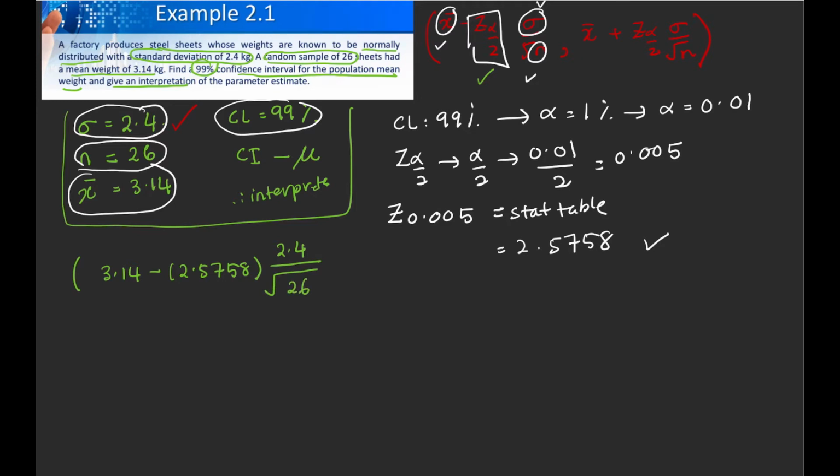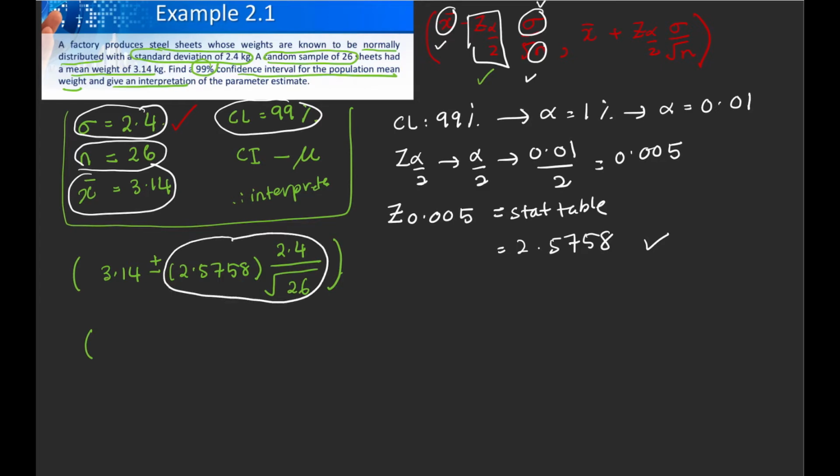This one is for the lower value, or you can simplify with plus minus. Minus for the lower value, plus for the upper value. So you will get the answer. Put it into your calculator correctly. Make sure you do this part first.